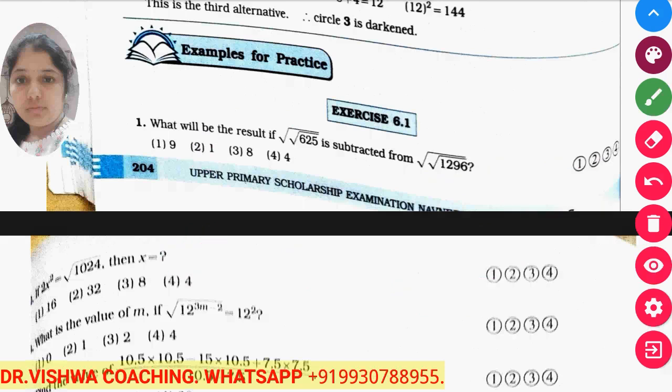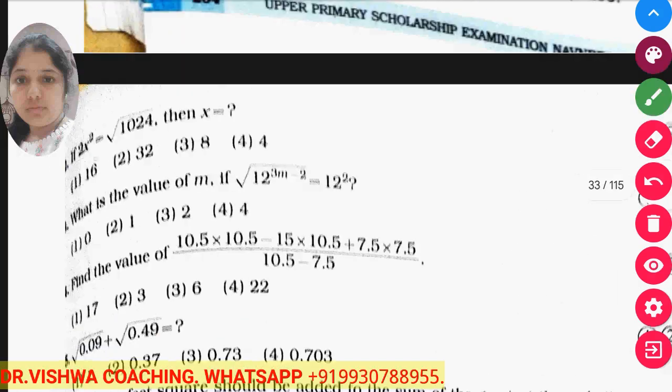Understood? So either you can take 30 and 40 or you can take 30 and 35, means 5 at the unit place, also we can find the square easily. Now 2x square is equal to 1024, then x is equal to what? Now again see, 900 and 35 ka we just saw 1225. Now this 1024 is in between 900 and 1225.